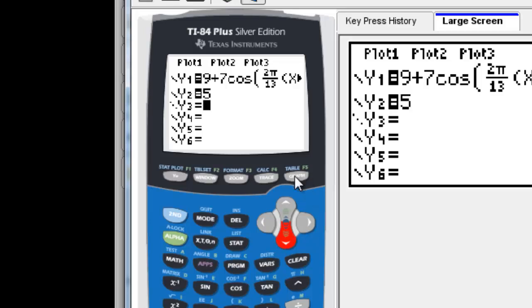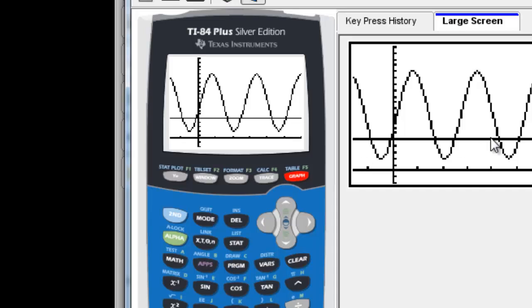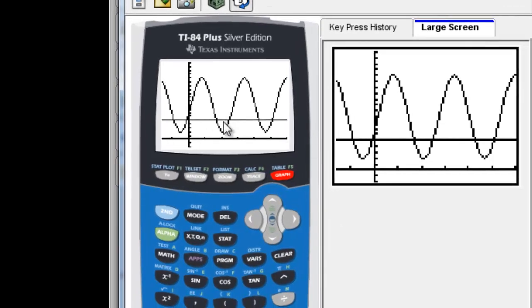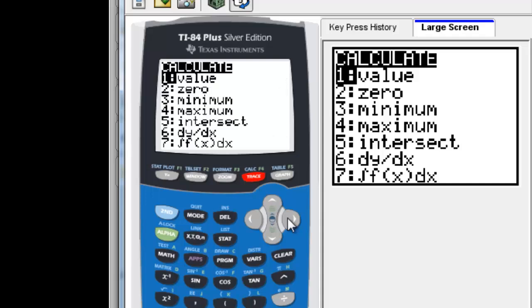And if we look at the graph, here it is. So we want to find solutions, which means we want to find intersections. So I'm going to take the first two positive intersections, or the two intersections closest to the y-axis. So second, trace or calc, find an intersection.